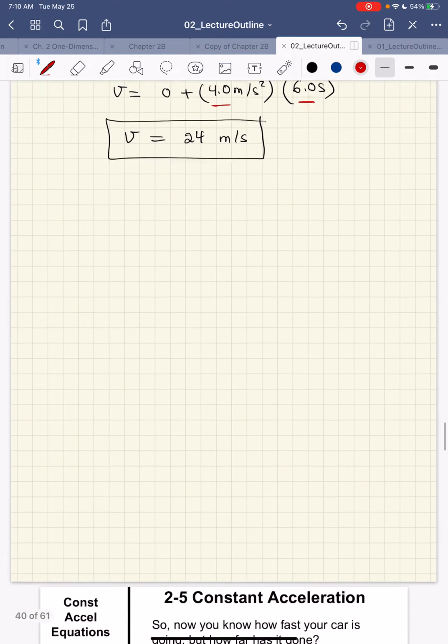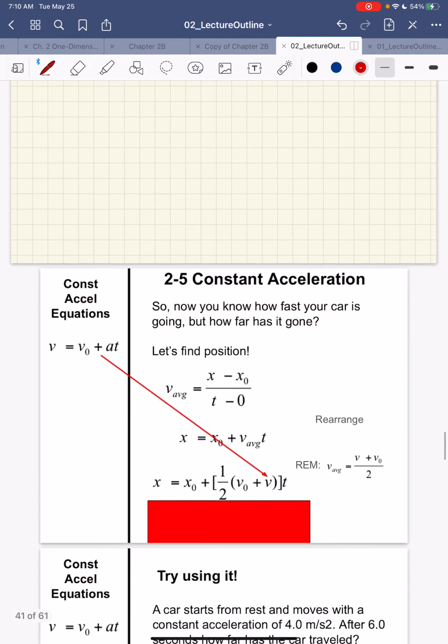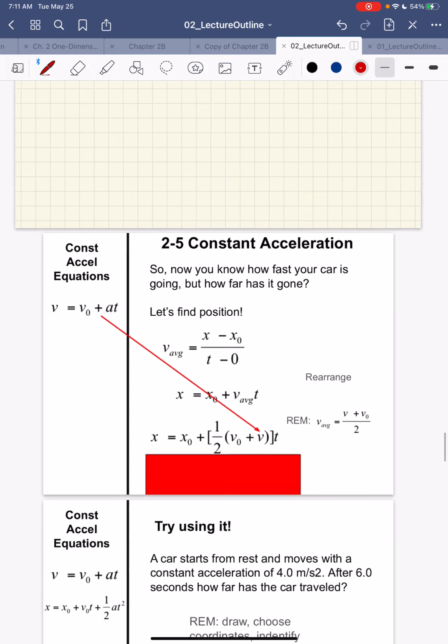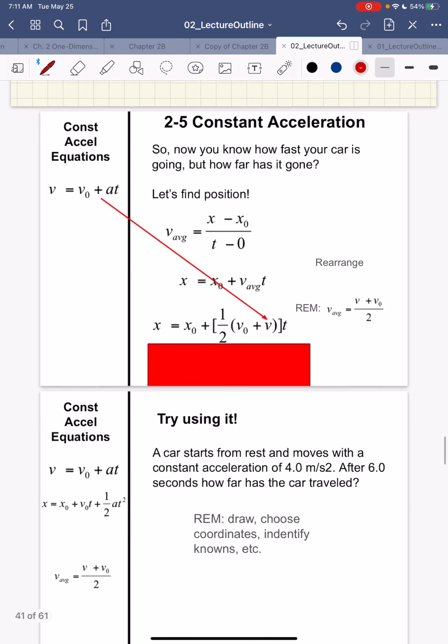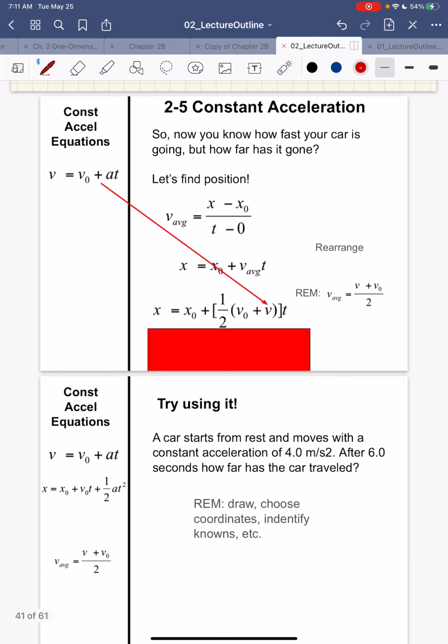Then this is the first equation. Now I can also manipulate my equation, and I can derive another equation that I will be using.